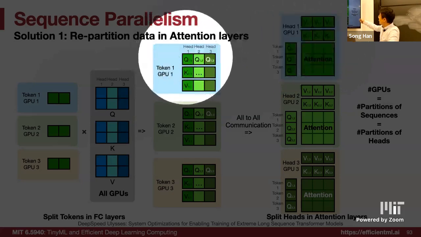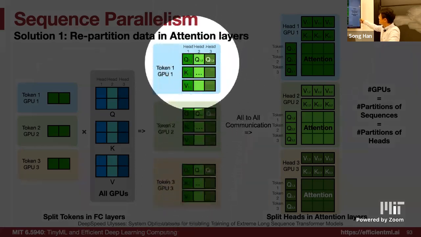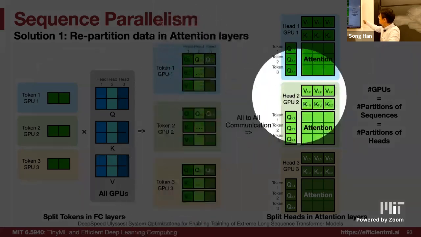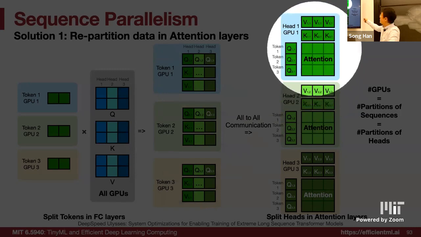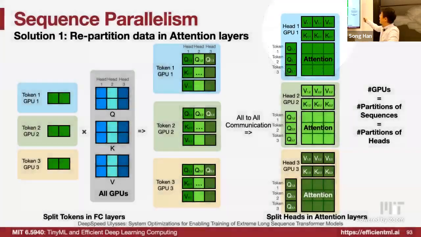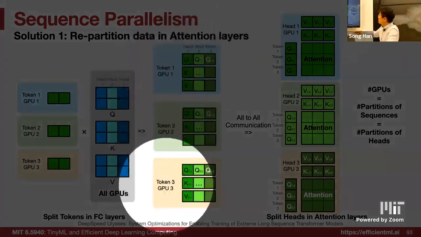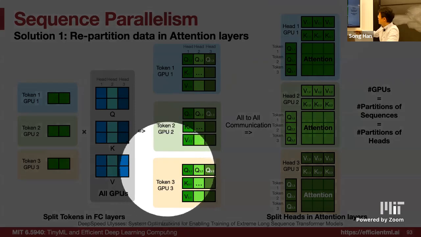So we just collect everything in the first column, which is the first head, to GPU1, so that we can compute the complete attention for the whole sequence. It contains information from token 1, token 2, and token 3.